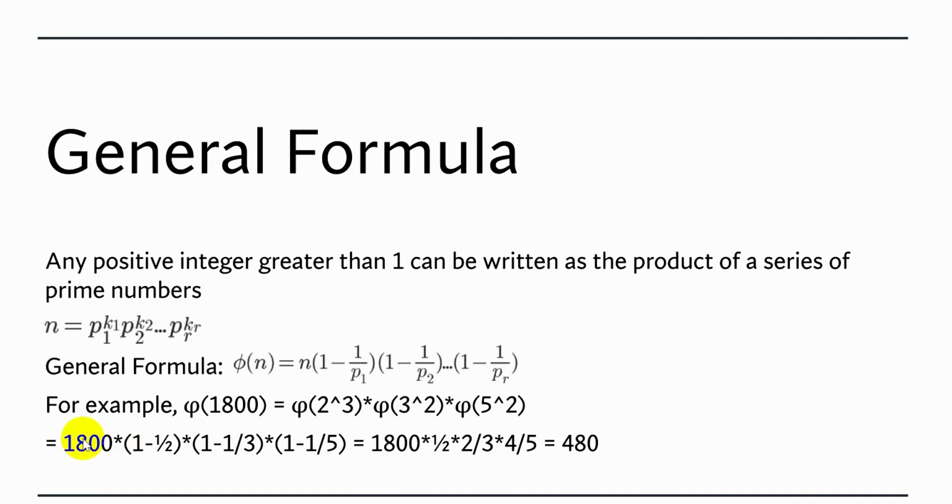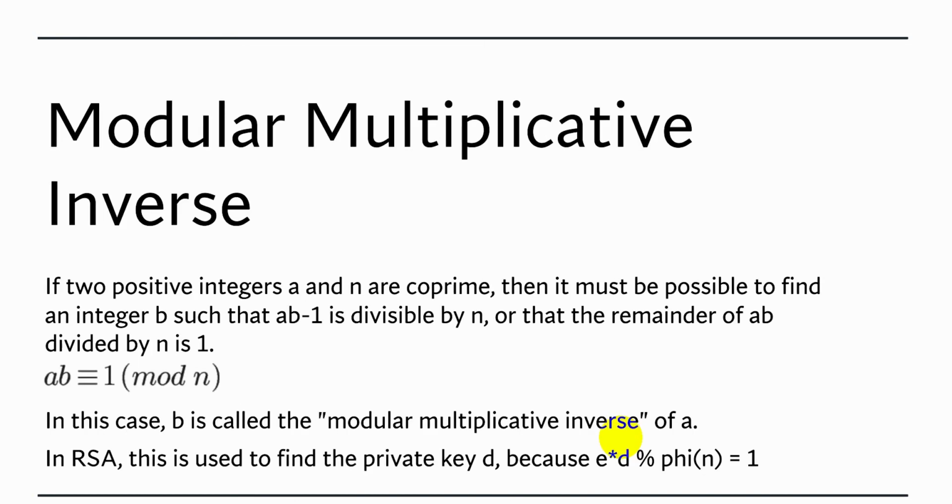All of these multiplied together is the value of phi(1800). So this equals 1800 times 1 over 2 times 2 over 3 times 4 over 5, which is 480. So there are 480 positive integers from 1 to 1800 that are coprime with 1800. And that's the general formula.